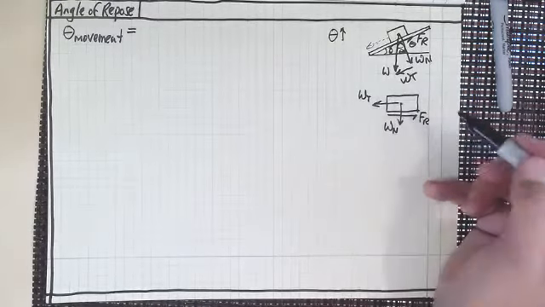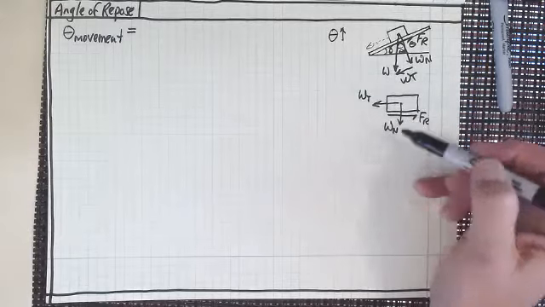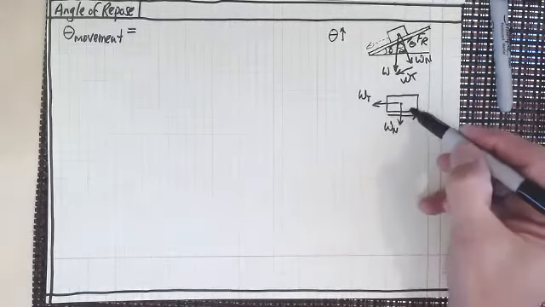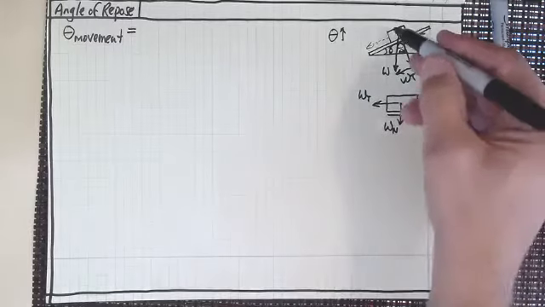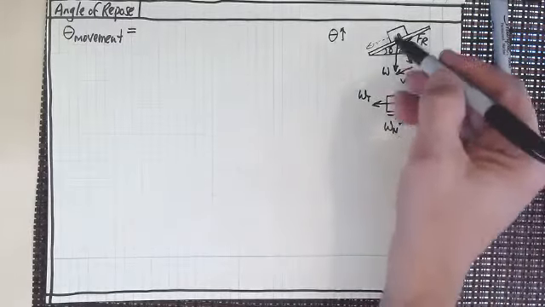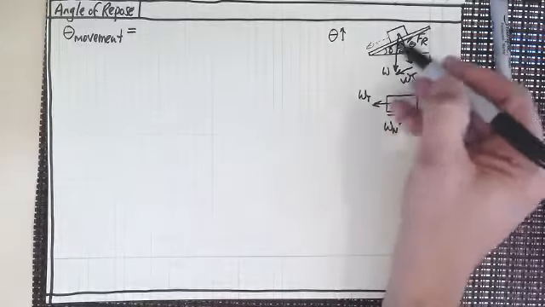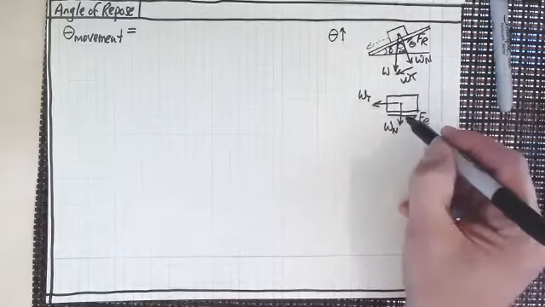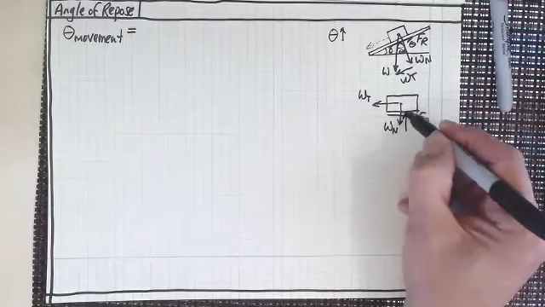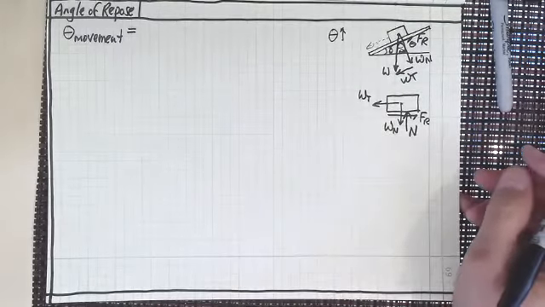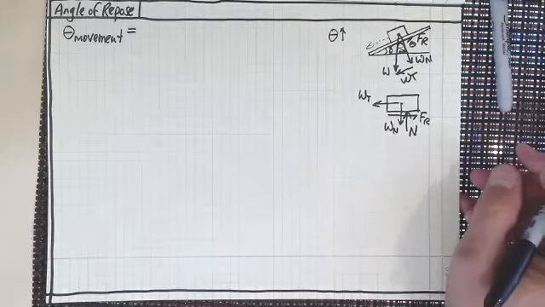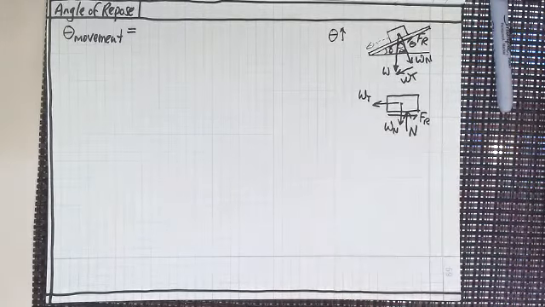I'm just going to extend this one back to the center of gravity here, the tangential weight force. And opposing that, because it's not going into the surface at all, so there's no movement in that direction, we know that opposing it is going to be an equal and opposite normal force.